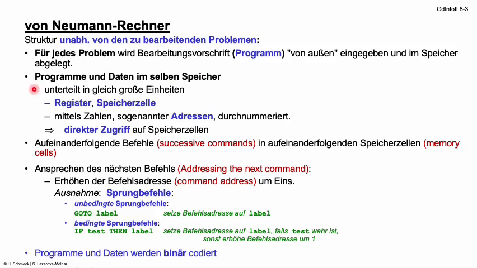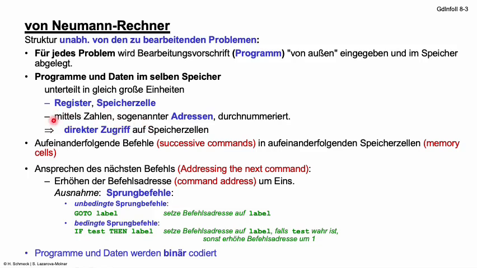Because the programs and data are in the same memory, they are divided into units of equal sizes. We have registers and memory cells or memory partitions, and they are all numbered.